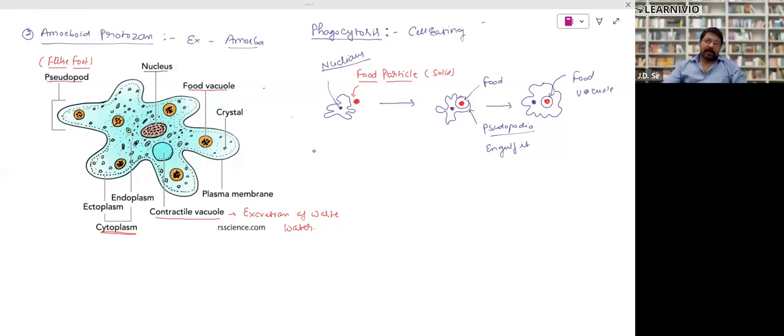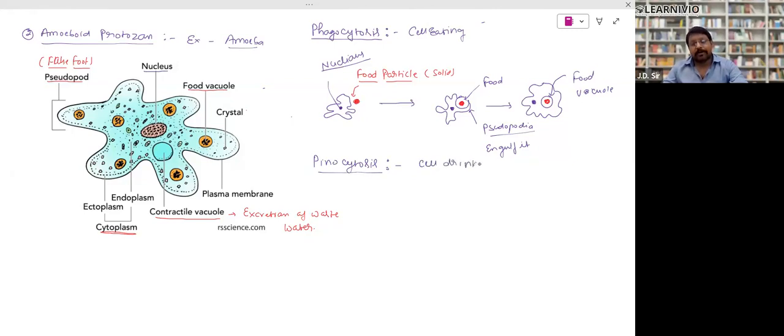But amoeba is found in dirty water, and sometimes it eats liquid food particles. The eating pattern is the same, but when it eats a liquid food particle, it is called pinocytosis. The English meaning of pinocytosis is cell drinking.